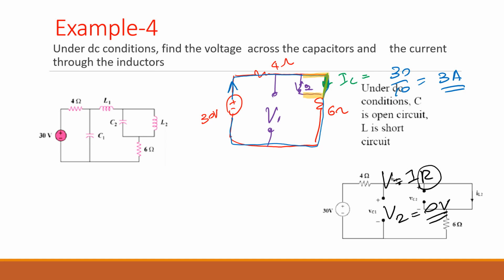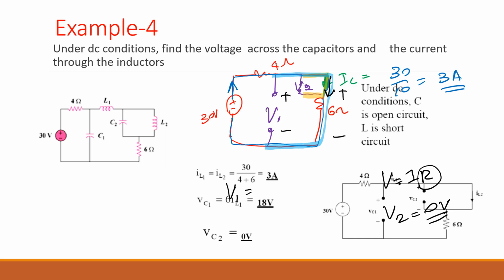How about the V1? V1 is the voltage across this path, isn't it? Or else in the other way, you can choose either way, but you need to add them algebraically voltages. So voltage here, this will be plus and minus because the current is going this way. So that will be V1 is equals to current is 3 amps times the resistance is 6.